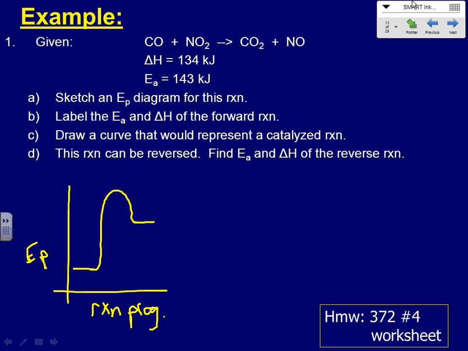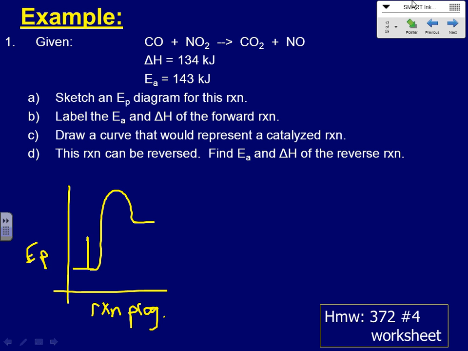And once you have that information, simply label your data, all right? Actually, I've got to be careful. The EA is 143, but because it's endothermic, the EA starts from there. So it's actually only about 10 taller. So I didn't need to make it a big hump, right? It's the other way around where it's that much higher than the step.